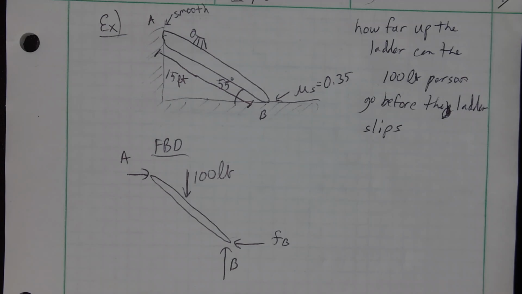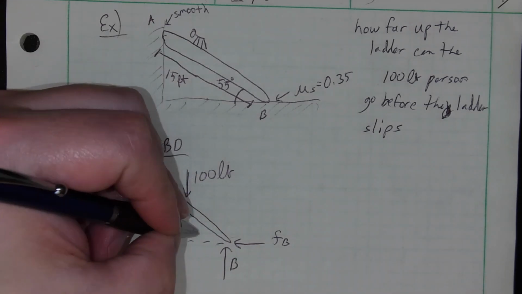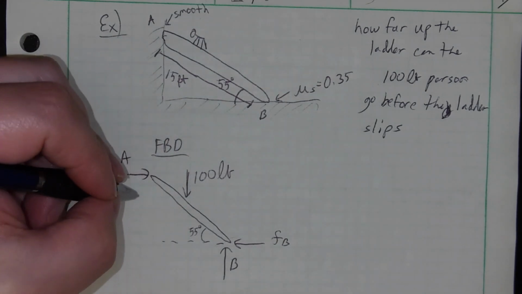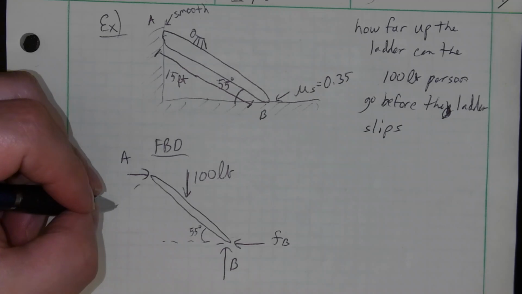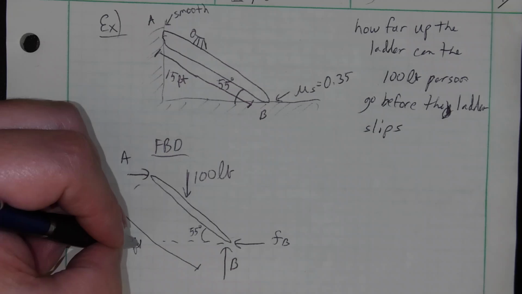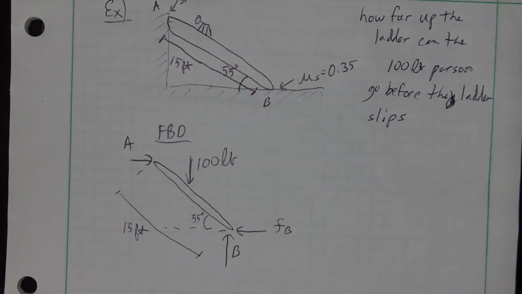Now, what do we know for distances here? Well, what we do know is that from horizontal, this is a 55-degree angle, and we know that this overall length is 15 feet. Okay, so the overall length is 15 feet.